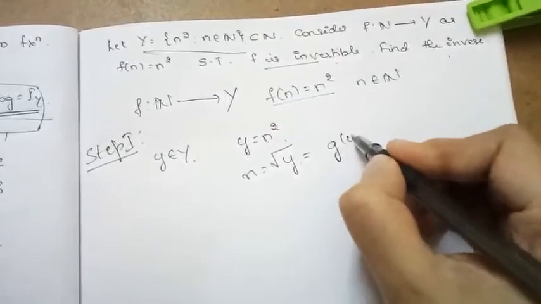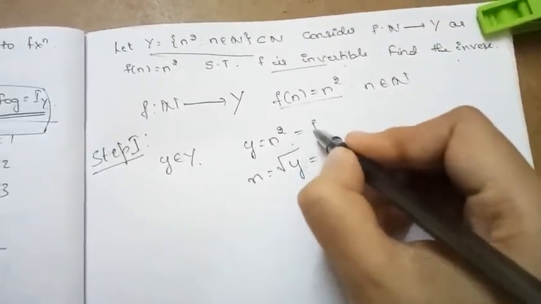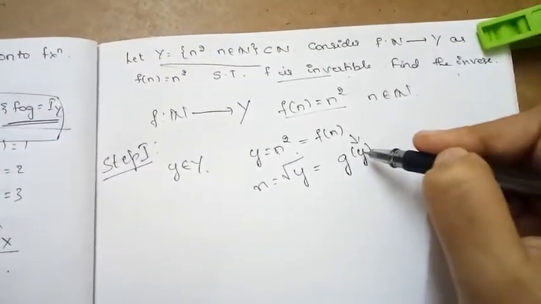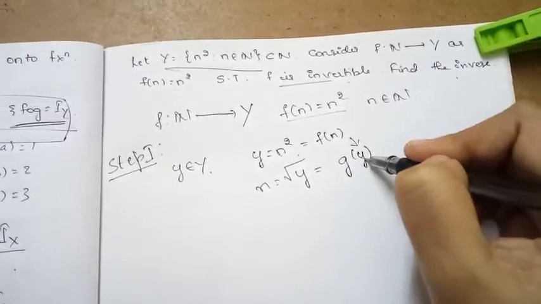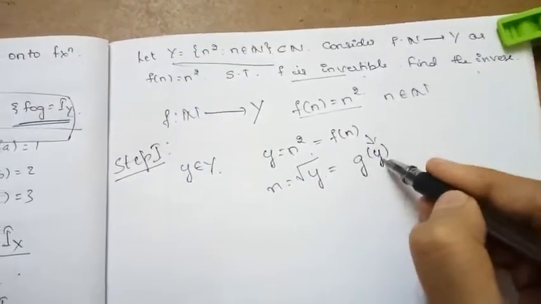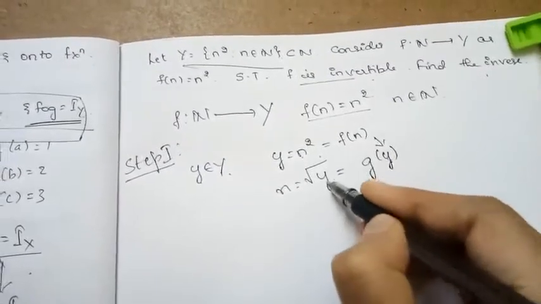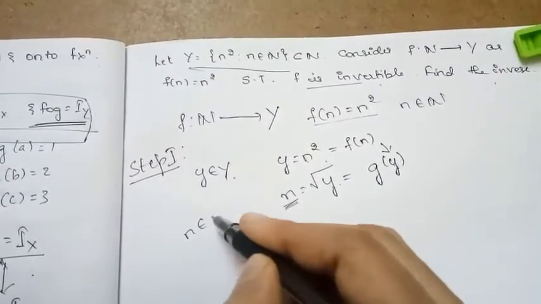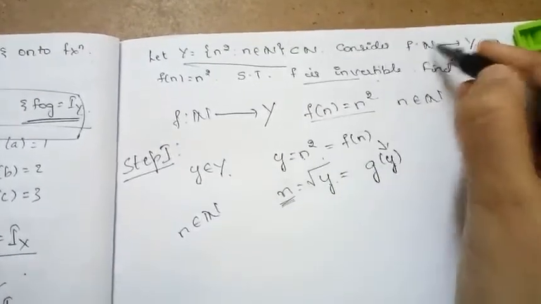This is nothing but g of y, because what we are inputting here is y, and that y belongs to the set Y. After inputting y, we get n, and that n belongs to the set of natural numbers.